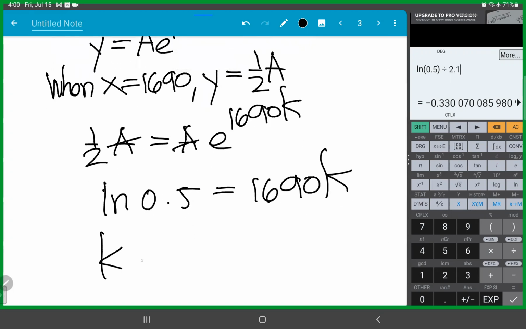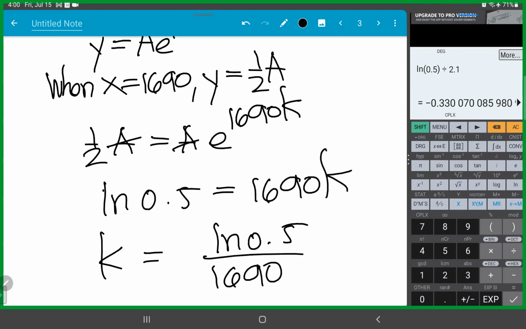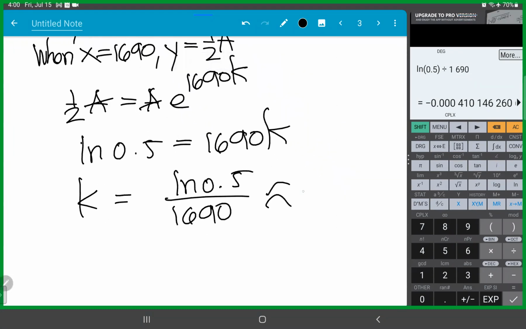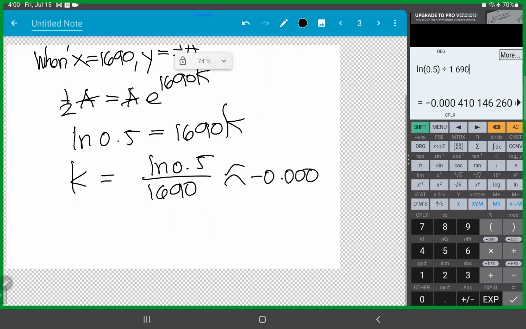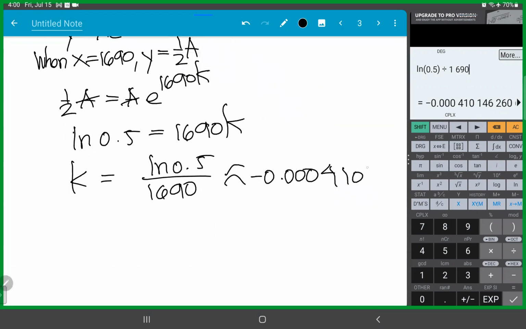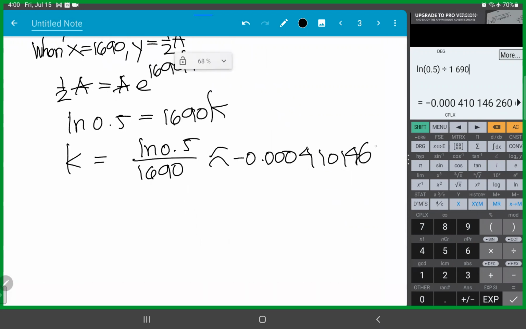So for k, so k is negative. Masyadong maliit, ano? Very sensitive yung value niya dahil sobrang liit. We just use several decimals there.